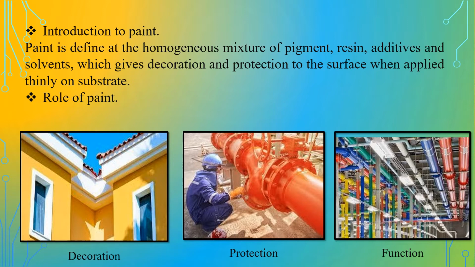And protection is nothing but to protect the bare metal or base metal from different climatic conditions. In industry, we use different types of steel structures for constructing different sheds, pipelines, then cargoes, ships, railway wagons, and motor vehicles are manufactured from different metals.